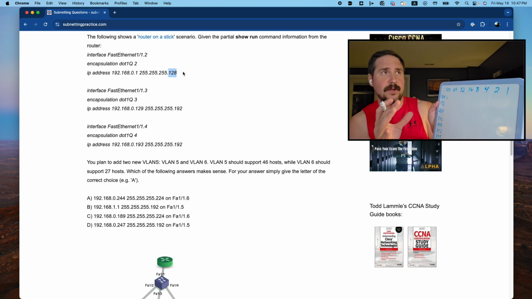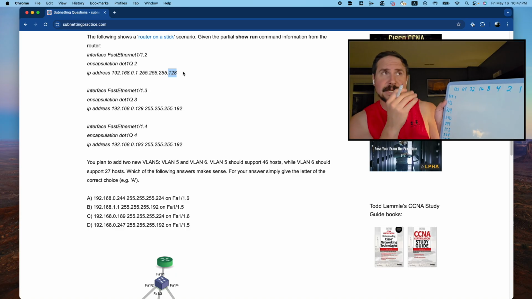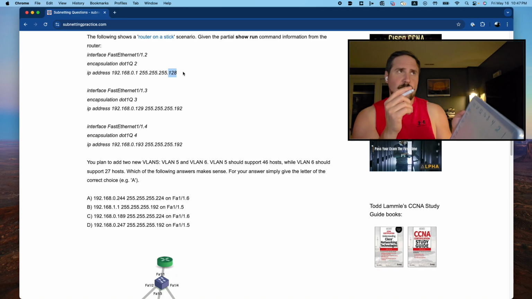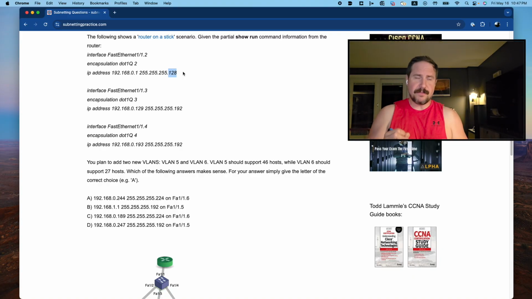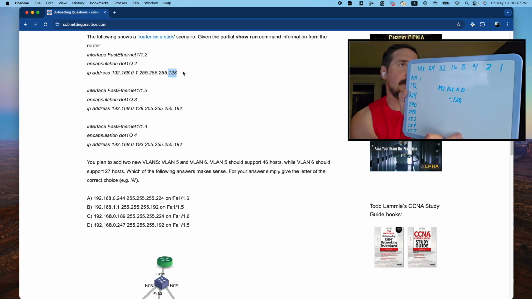For this first IP address, it is in a subnet that has a block size of 128 hosts. And what that tells me is that this subnet goes from 192.168.0.0 to 192.168.0.128. So that's the range, 0 to 128.